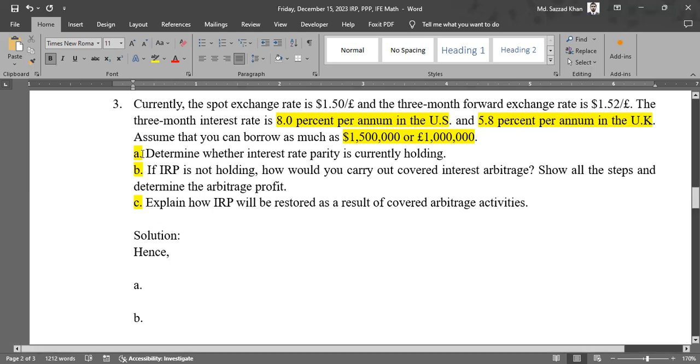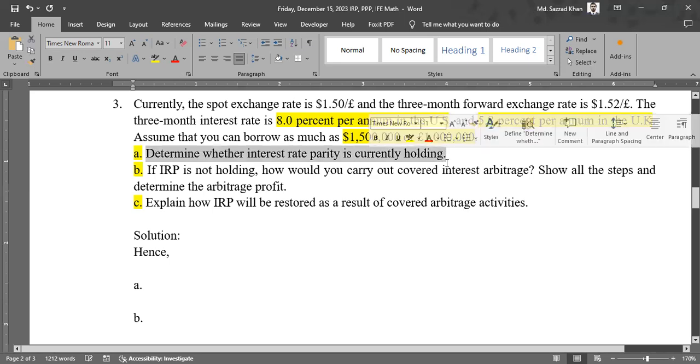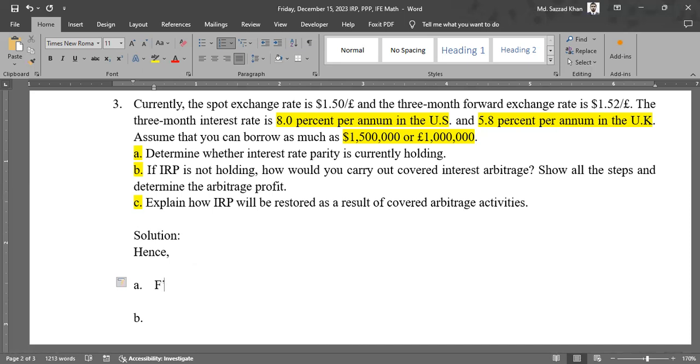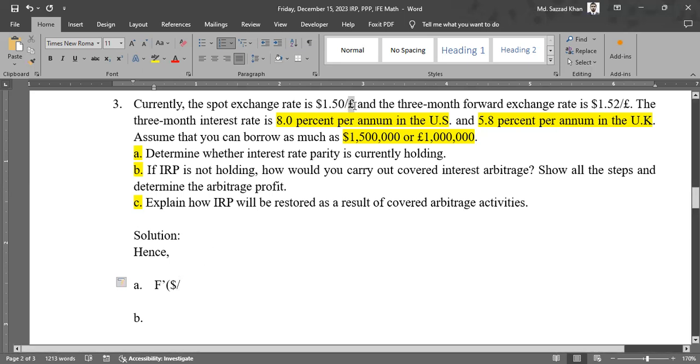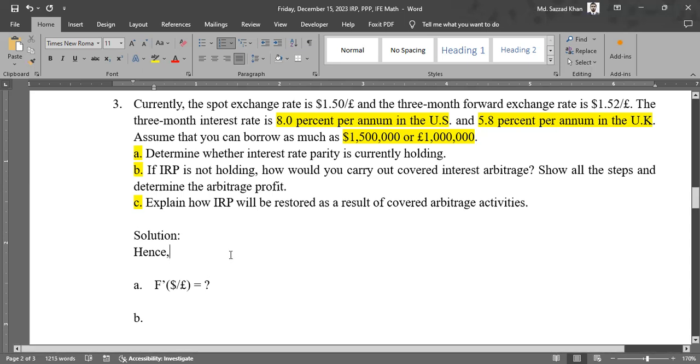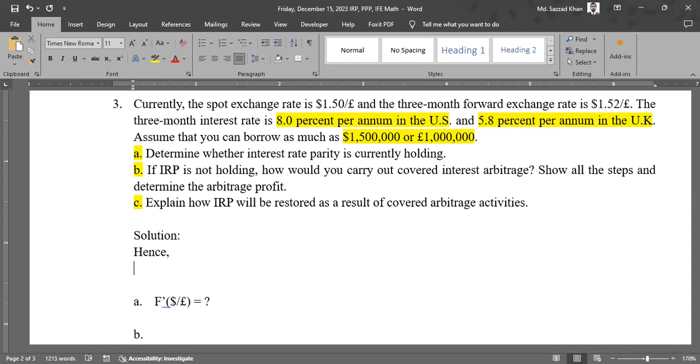Okay, in question A, it is asking us to determine whether interest rate parity is currently holding or not. To check whether it is currently holding, we need to find the efficient forward rate. So what's the available data?